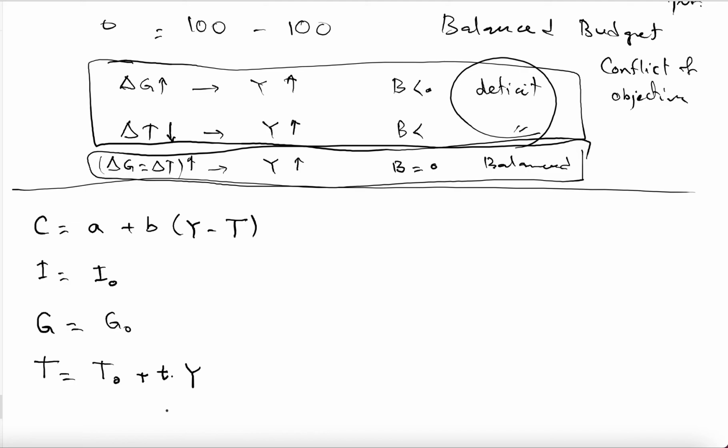If the GDP is increasing, the government is obtaining more tax. So here the consumption looks like this: A plus B(Y minus lump sum tax minus tax rate multiplied by Y). Here we could assume it is proportional.